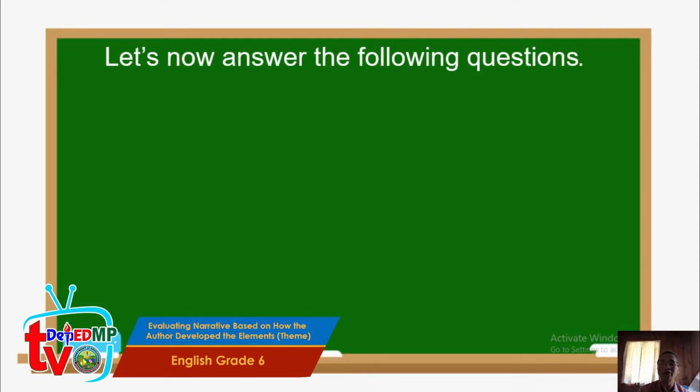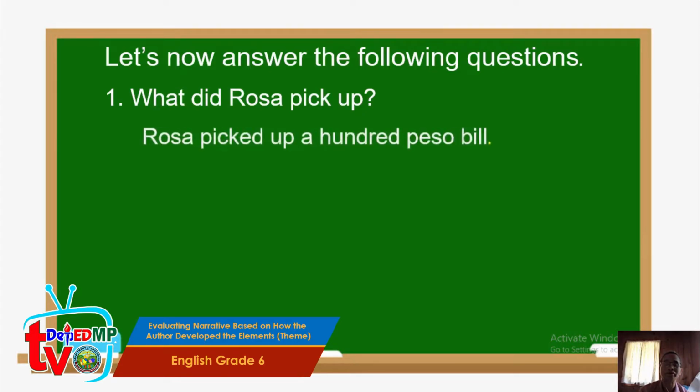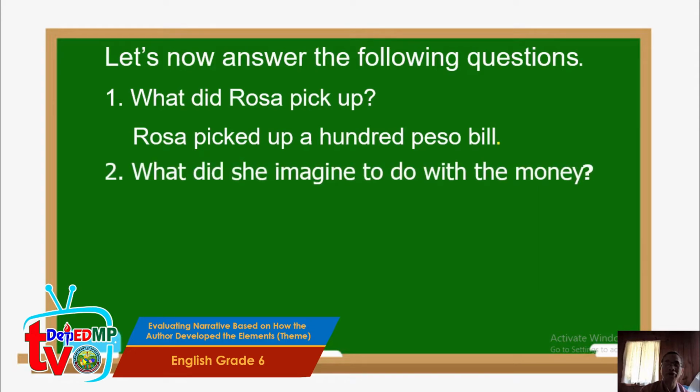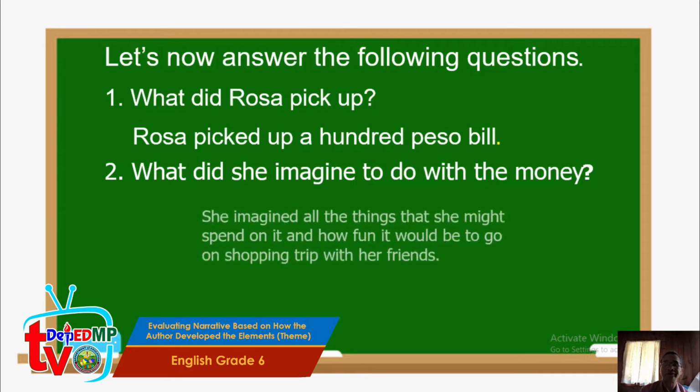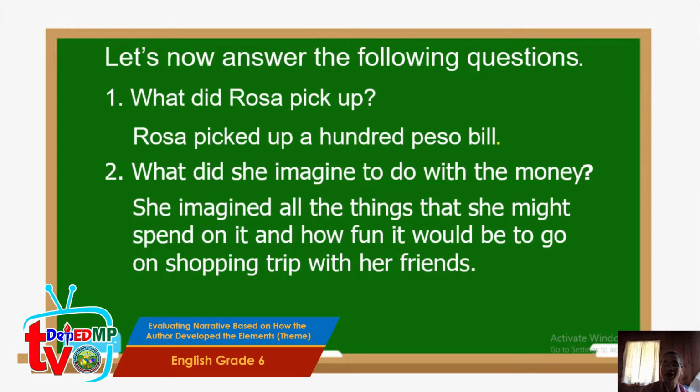Let's now answer the following questions. What did Rosa pick up? Rosa picked up a 100 peso bill. Very good. Number 2, what did she imagine to do with the money? She imagined all the things that she might spend on it and how fun it would be to go on a shopping trip with her friends.